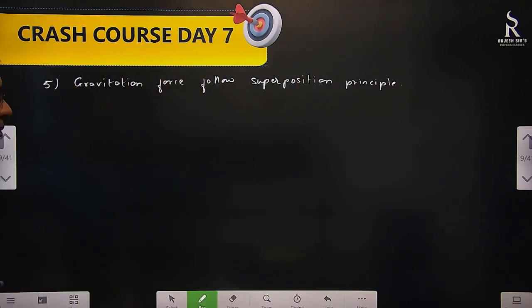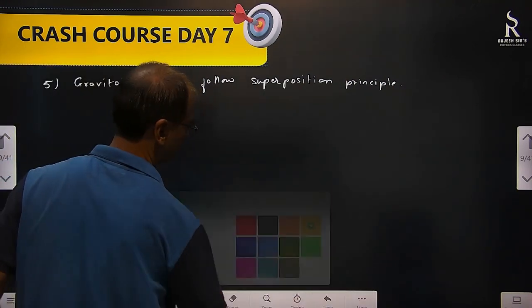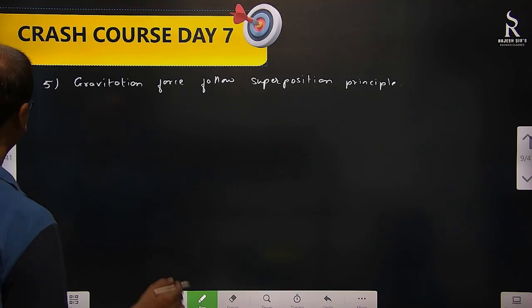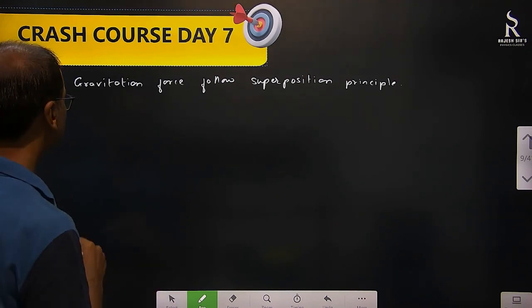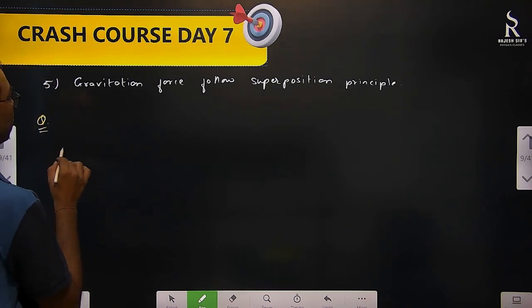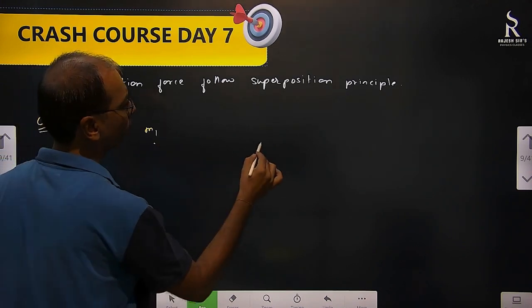Okay. Now on gravitation force also many questions are asked. If you see any book, you'll find many questions like this. What they will do is, I'm just making a question like this. M1, M2 is here.